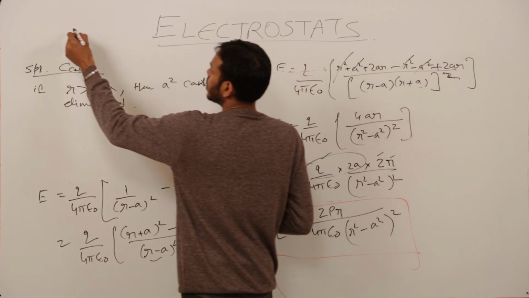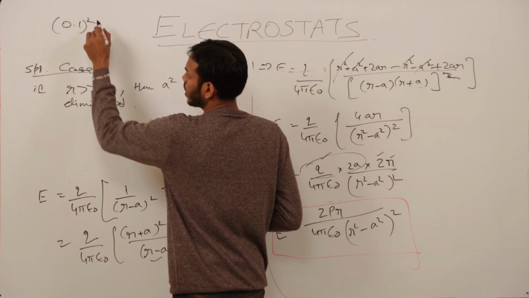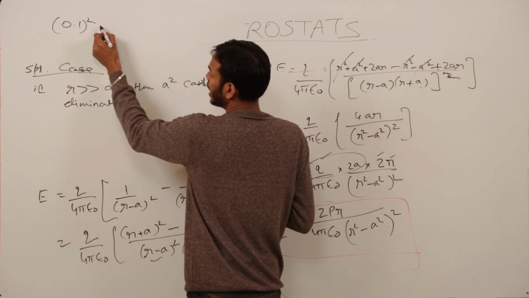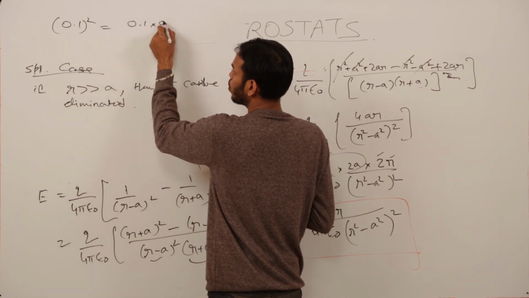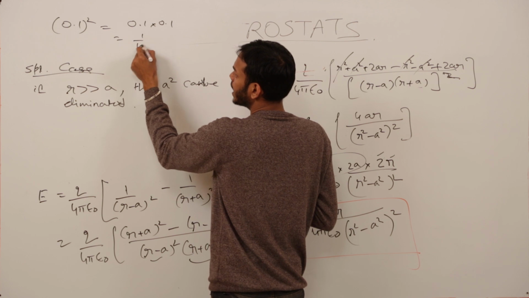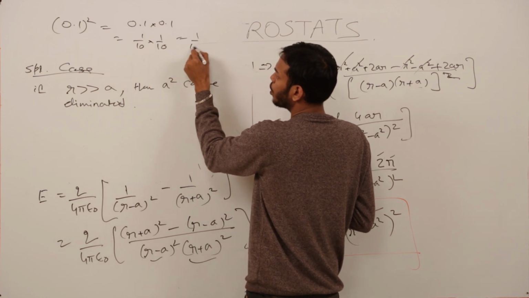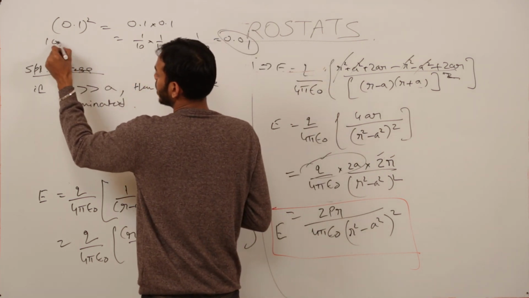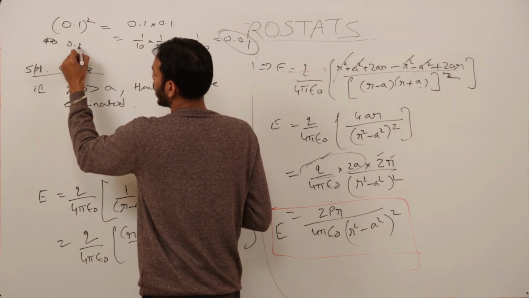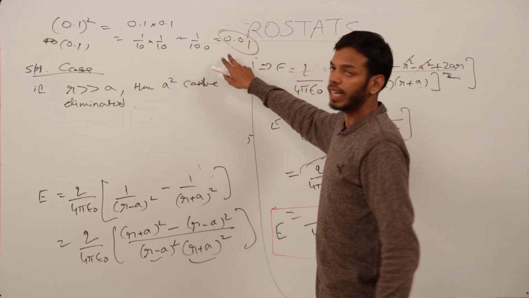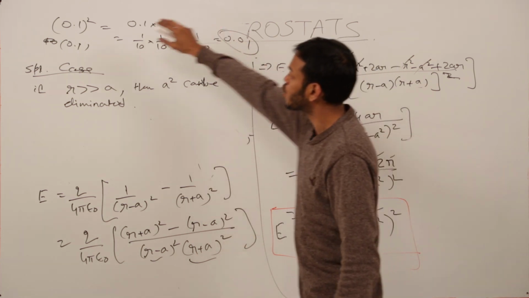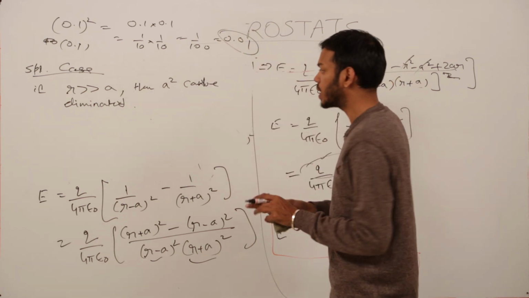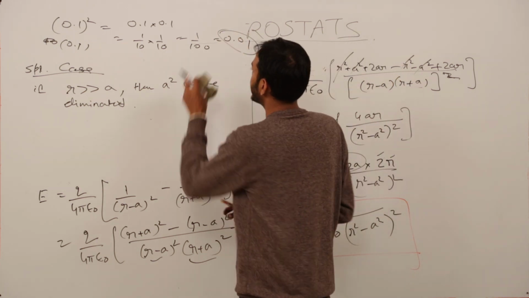For example, 0.1, if you do the square, what will you be left with? You will be left with 0.1 into 0.1, which is equal to 1 by 10 into 1 by 10, which is equal to 1 upon 100, which is equal to 0.01. So ultimately, I started with 0.1 square and I have finally left with 0.01. Square of a small thing is much smaller. So those smaller parts are eliminated or they are neglected.